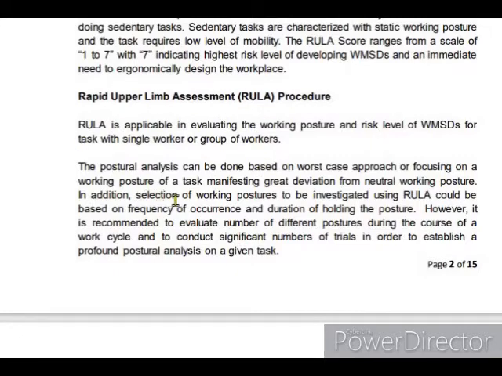So, RULA is applicable in evaluating the working posture and risk level of WMSDs. Again, for tasks with a single worker or group of workers. Okay? So, pwede siyang isang worker o isang group ng workers ang i-assess niya. Okay? So, the posture analysis can be done based on a worst case approach or focusing on a working posture of a task manifesting great deviation from neutral working posture.